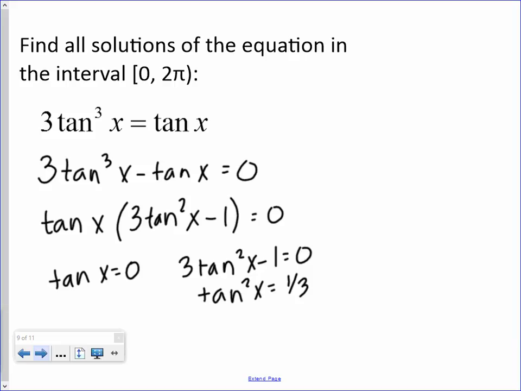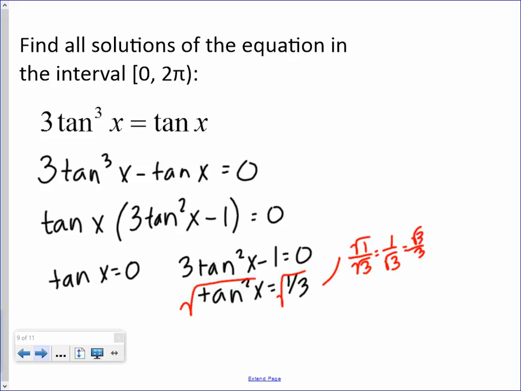You're like, wait a minute, 1/3 is not a tangent value on the unit circle, right? But that's tangent squared, so you have to square root both sides. And when you square root 1/3, it's the square root of 1 over the square root of 3, which is 1 over the square root of 3, which is, like David was saying, square root of 3 over 3.